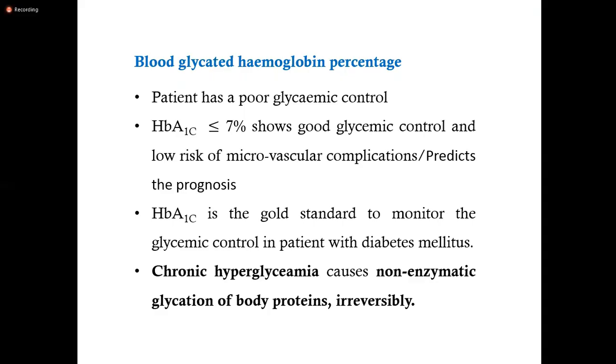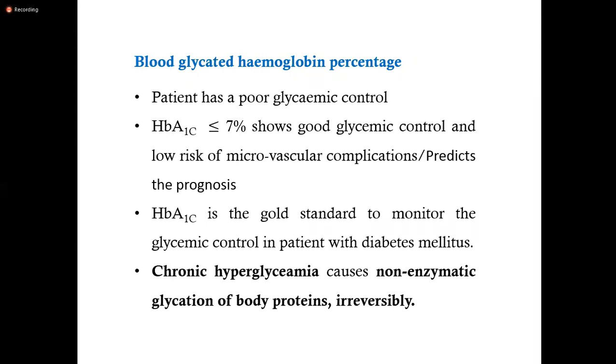It's not plasma, and it's not serum, because we are not separating serum or plasma when we do this analysis of HbA1c. Sometimes you may mistakenly say serum HbA1c or plasma HbA1c. No, not that. It's blood glycated hemoglobin. We measure the percentage of glycated hemoglobin from the total hemoglobin A.